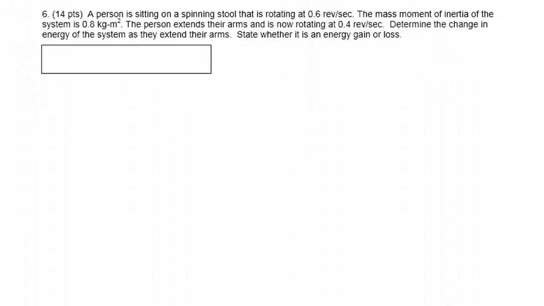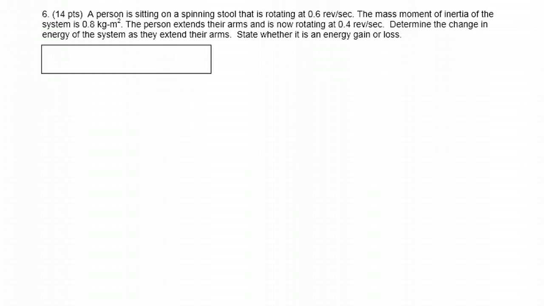Okay, so if we think about this for a second, we're talking about energy, and we're also talking about angular momentum, because we know that with no external torques there has to be the same angular momentum initially and in the final state.